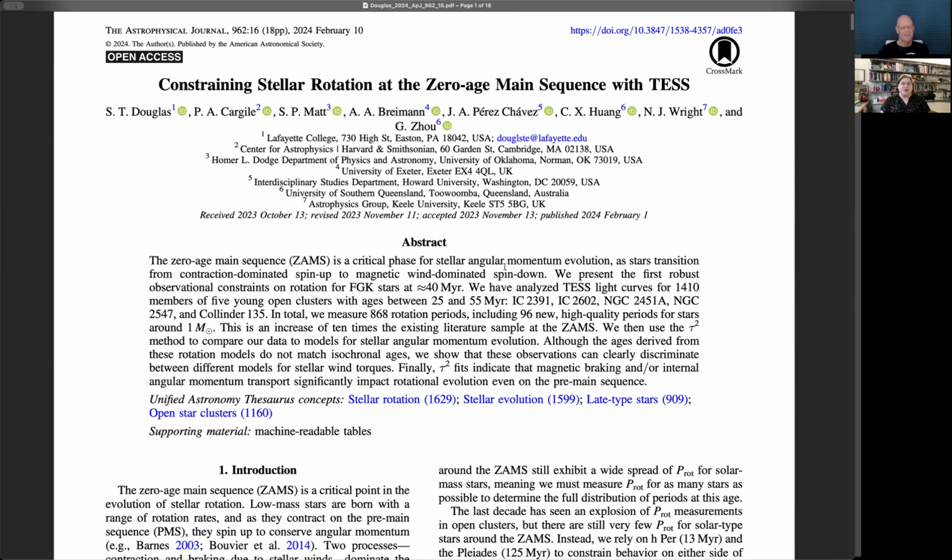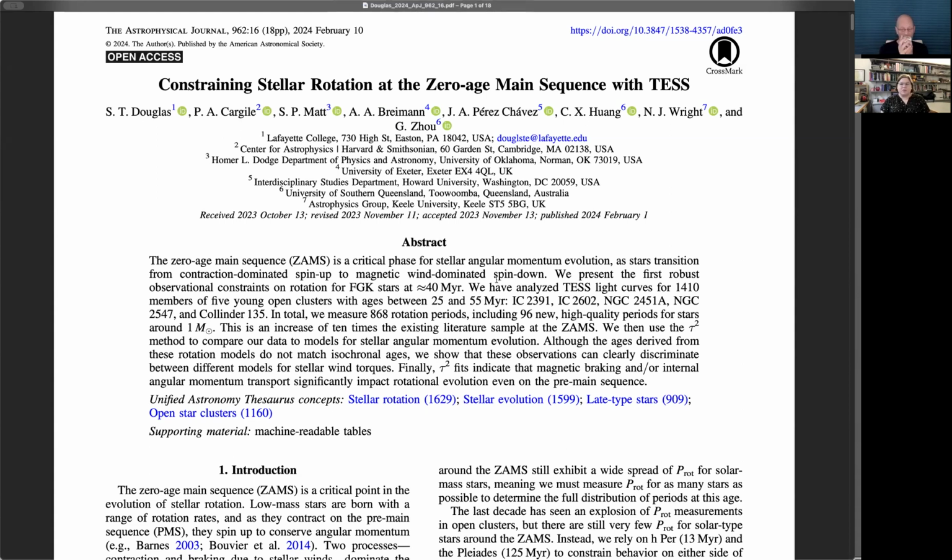Our focus in this work was to calibrate the evolution of rotation at about 40 million years. I'll get into why the ages are a little bit complicated later. But we picked 5 open clusters in the TESS southern field of view and looked at close to 1,500 stars and got rotation periods for a little over half of them.